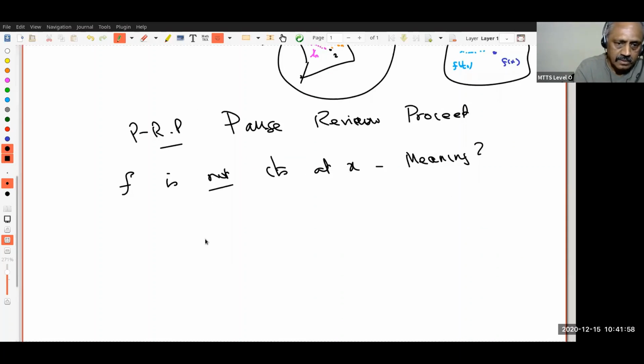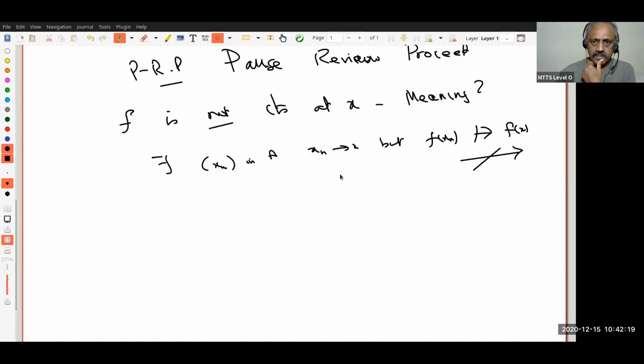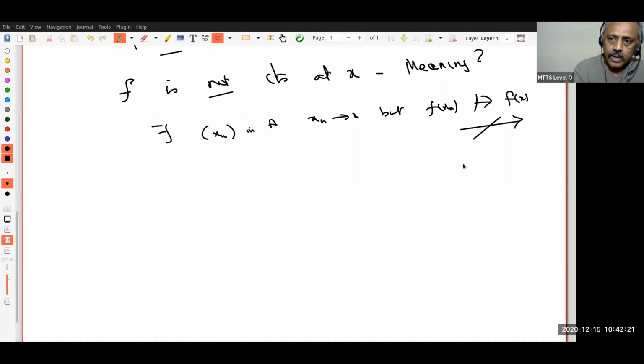The next thing you can ask is, what is the meaning of f of x_n does not converge to f of x? There are two things. First, the sequence f of x_n may not even converge.